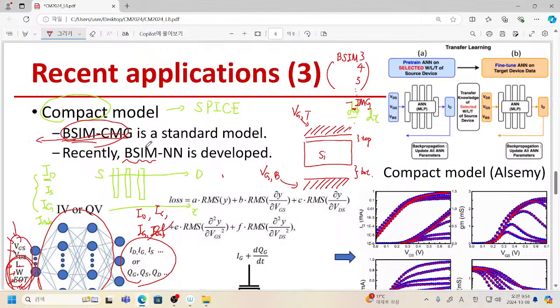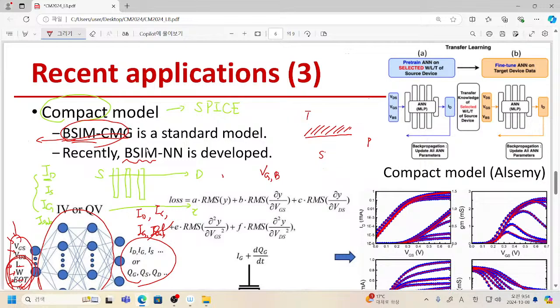Well, but this is a really serious thing, because our entire semiconductor industry is relying on this BSIM model, actually nowadays BSIM CMG model.